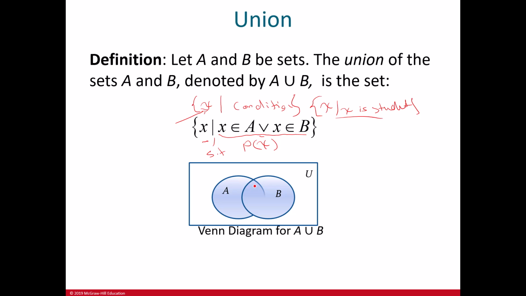So the element in the union could come from A, from B, or from both. The crucial thing is how we write it: A union B equals the set. So this is really a set.